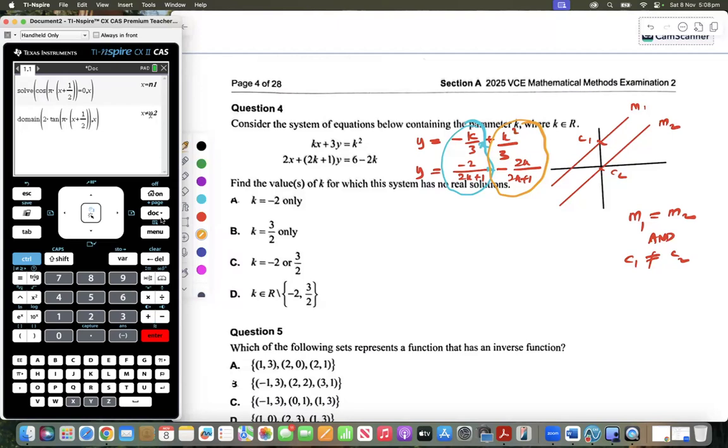The second method you can think of is simply dividing your coefficients.